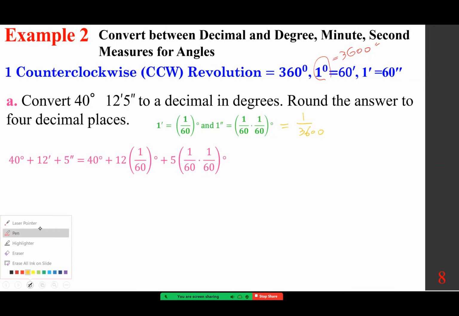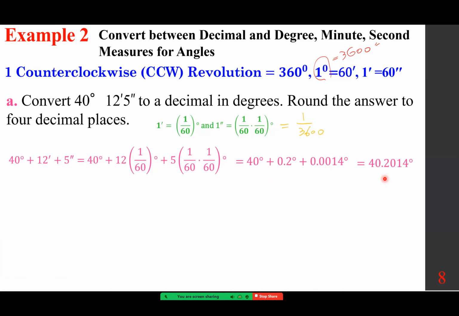Now this is in degrees. This one is 12 over 60, or 1/5, or 0.2. This is 5 over 60, that means 1 over 12 times 1 over 60, and we end up with 0.0014. Now if you add all of those in decimals, we end up with 40.2014 degrees.